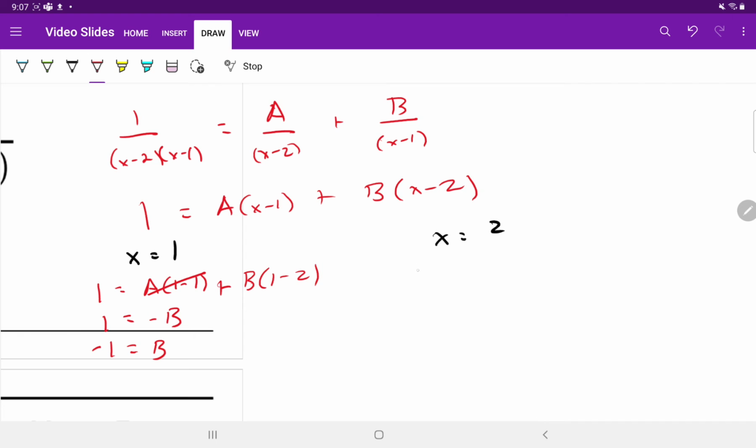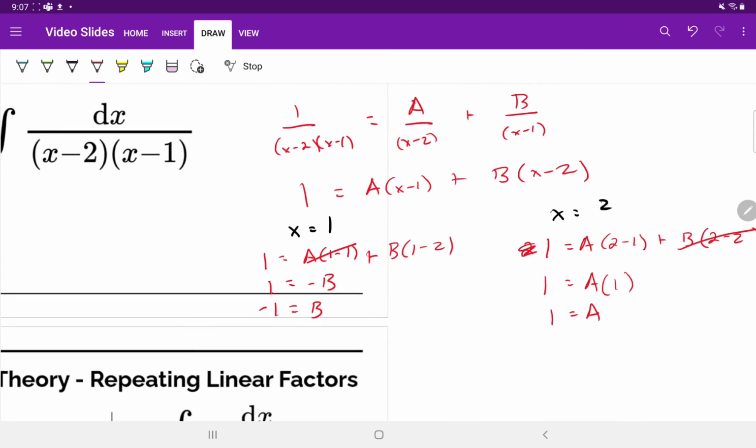Then I'll do the same thing over here where I say x is equal to 2. 1 is equal to a times (2 minus 1) plus b times (2 minus 2), which means this will cancel. And so I'll have 1 is equal to a times 1, or 1 is equal to a.